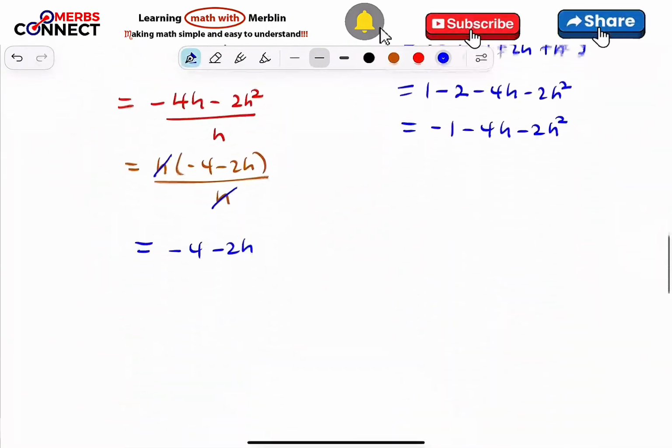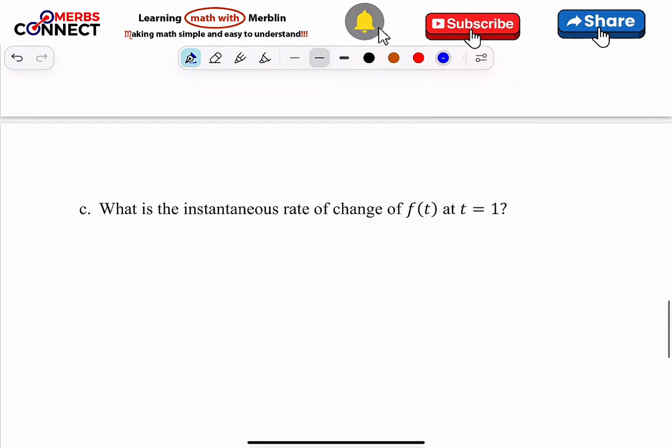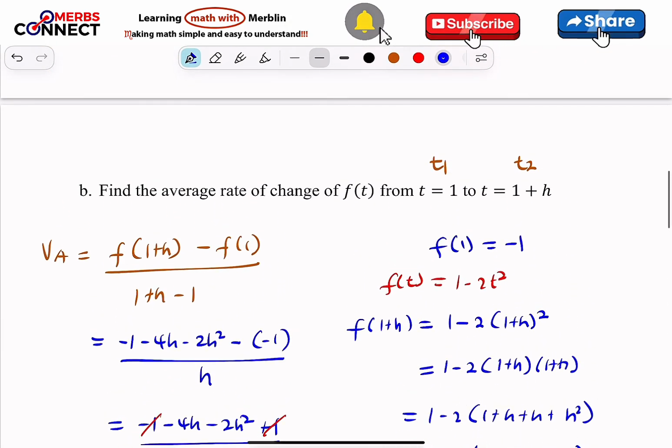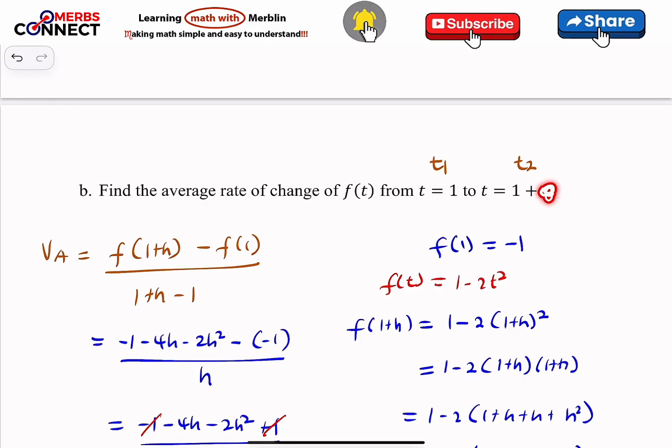Now let's try and figure out C. The question is, what is the instantaneous rate of change of f of x at t equal to 1? So this question is basically coming from B. We are assuming that h is going to be 0, because now we don't want t to be equal to 1 plus h, right?